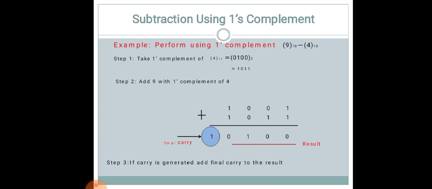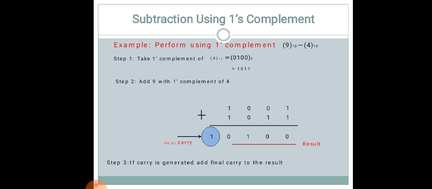So here is one example for revision, that is 9 minus 4. 9 minus 4 is given in the decimal number system, and the result is 5 in decimal, as all of you know. The procedure is given in this slide also.